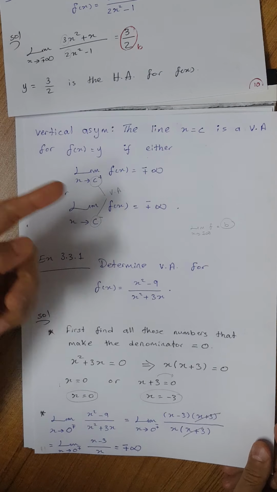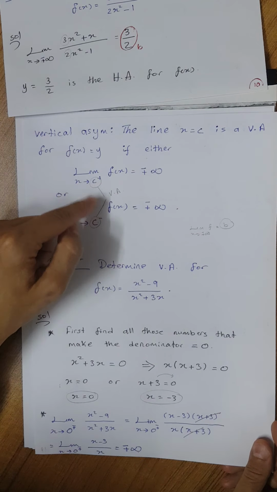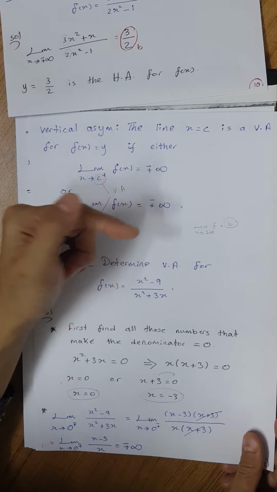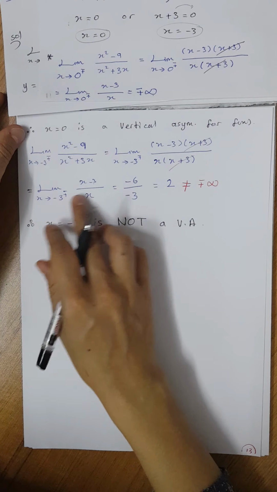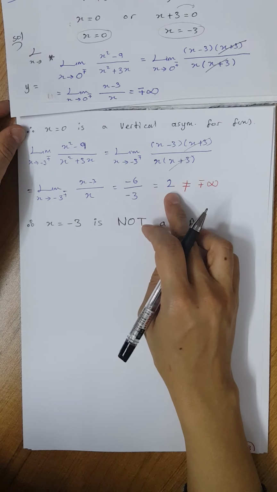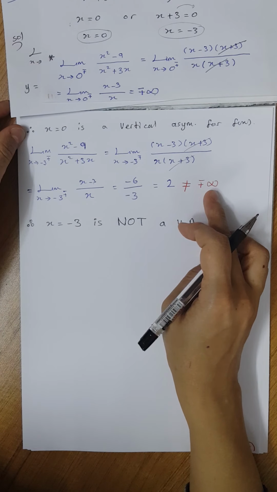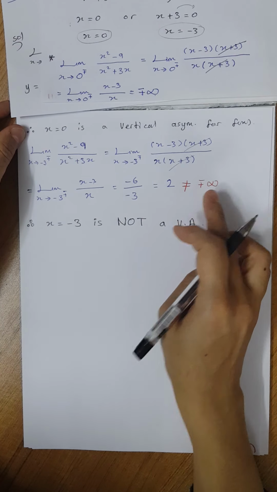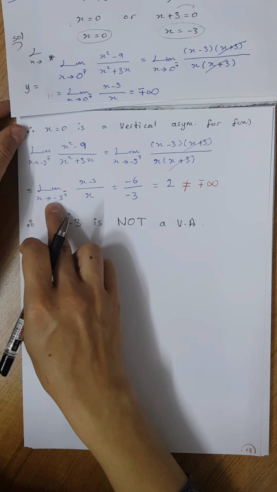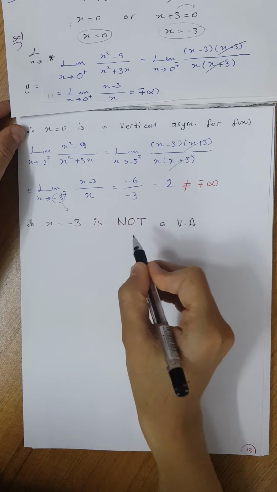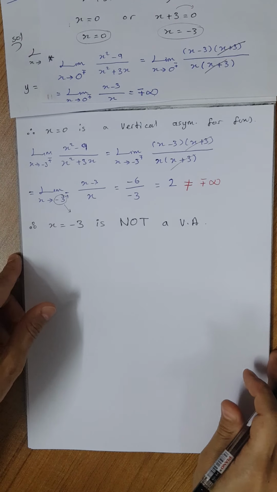Because if you look at the definition, we said that number will become a vertical asymptote if the result is positive or negative infinity. But if you look at here, when we found the limit of this function, what did we get? We got 2, where 2 is not equal to infinity and minus infinity. Since we didn't get that result, I say that that number over here is not a vertical asymptote for the function.